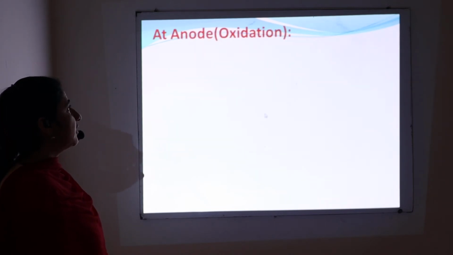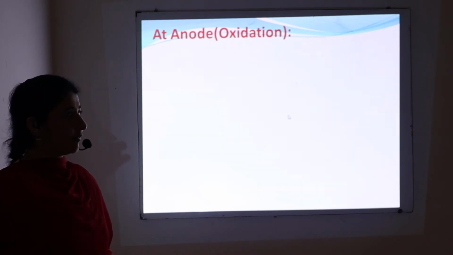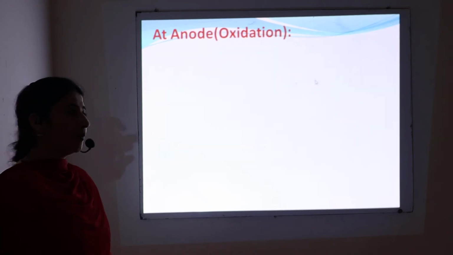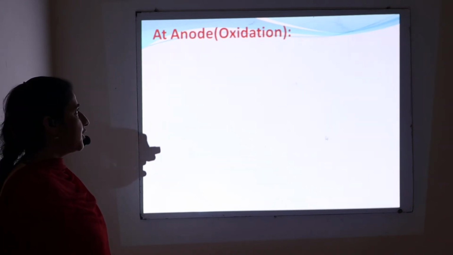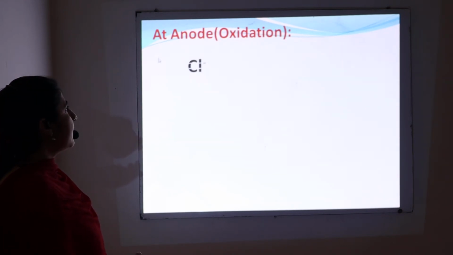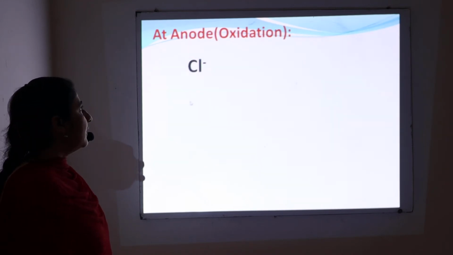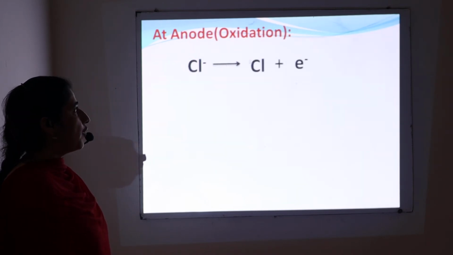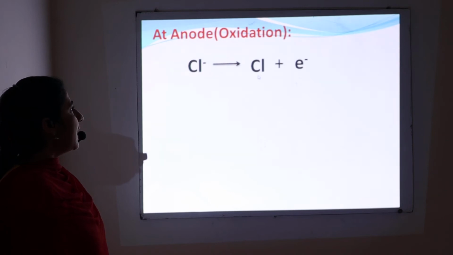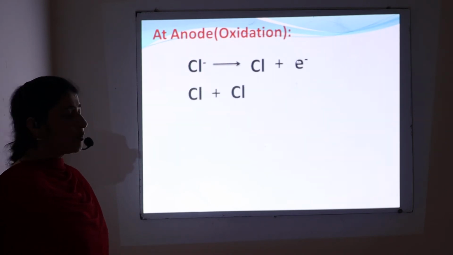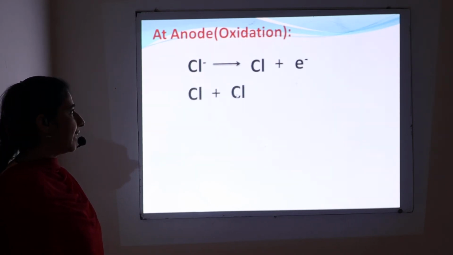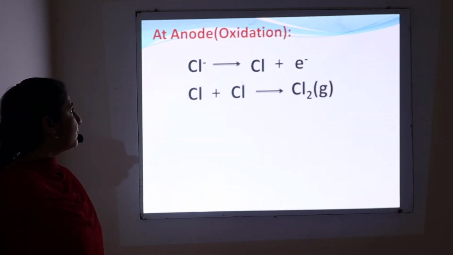Next I will discuss the various reactions that take place at the respective electrodes, anode and cathode. At the anode oxidation takes place. Chloride ions lose electrons to form chlorine atoms. Chlorine atoms are unstable, so each combines with another chlorine atom to form chlorine gas.